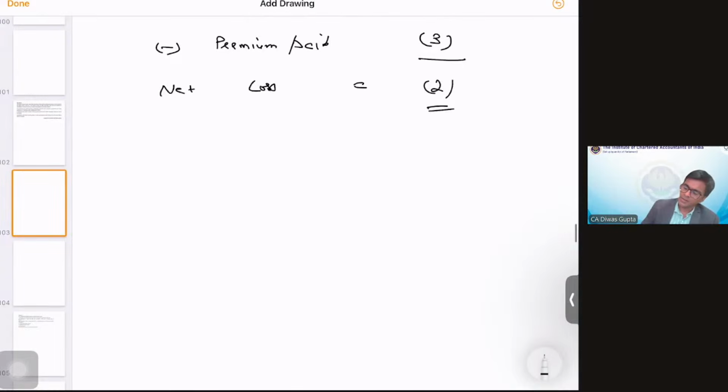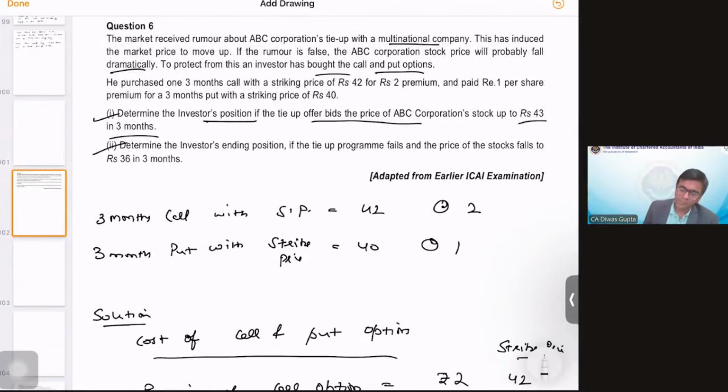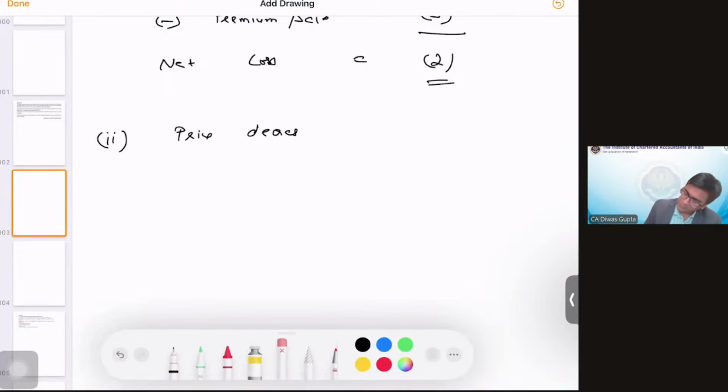The second part. Determine the investor's ending position if the tie-up program fails and the price of the stock falls to 36 in 3 months. So now they are saying it has fallen down to 36.